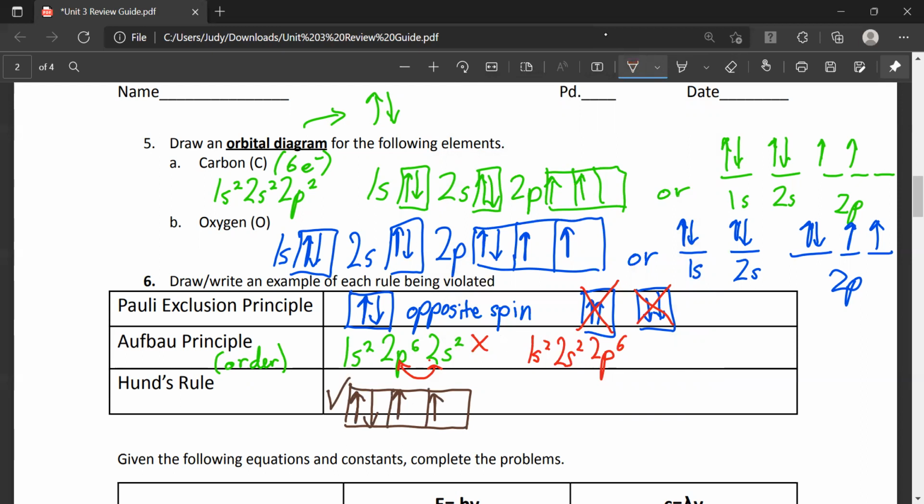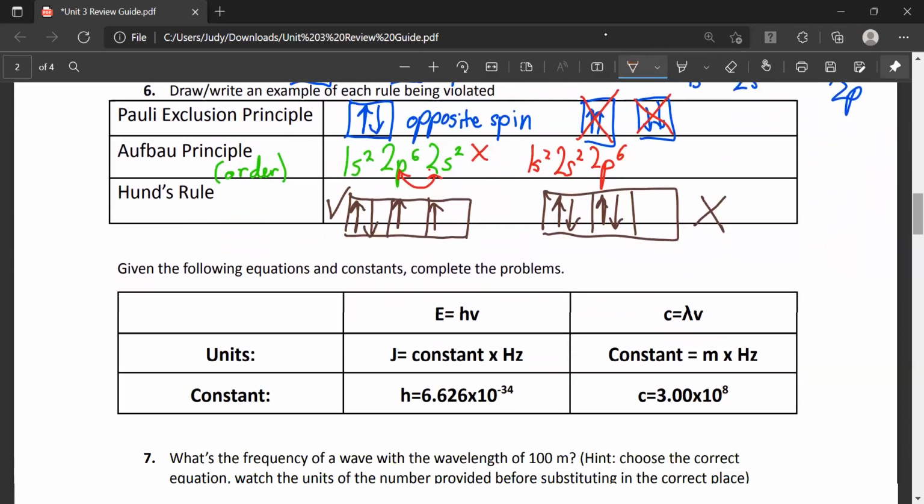So this would be correct, but this is incorrect. Keep that in mind when you are dealing with this rule. You don't have to know the exact definitions of it, but just understand the visualization of these concepts.